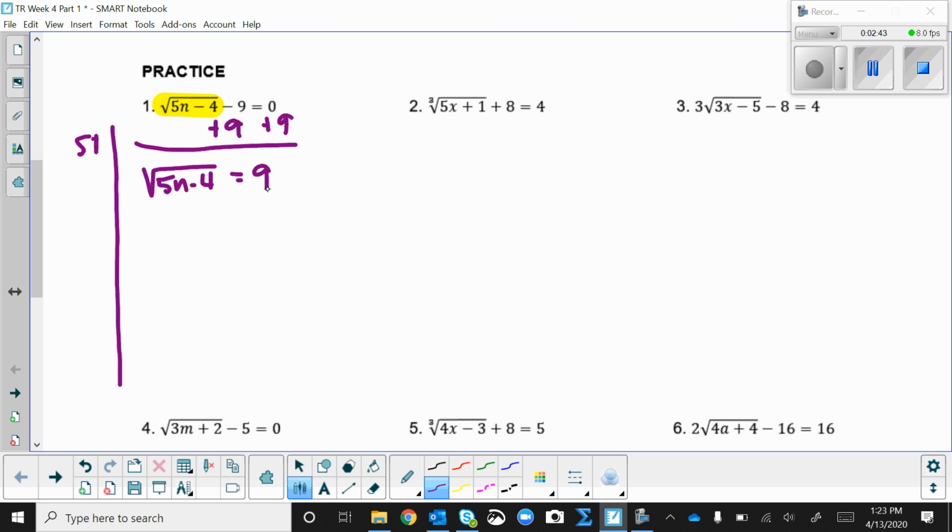So read the second step to yourself. It says raise both sides to the power that cancels out the radical. Well, that radical is a square root. What power cancels out the square root? 2. So raise both sides to a power of 2.